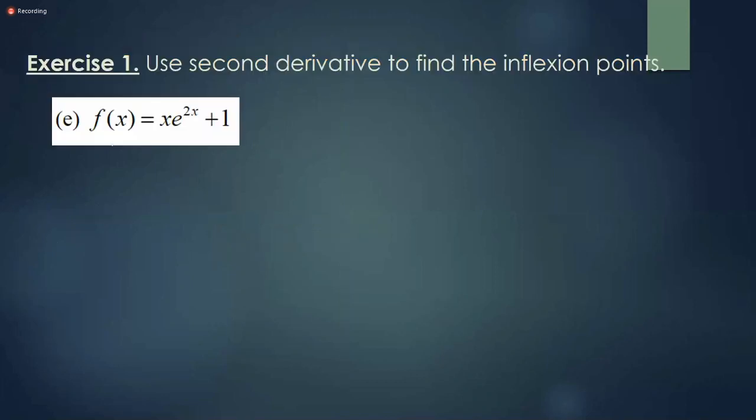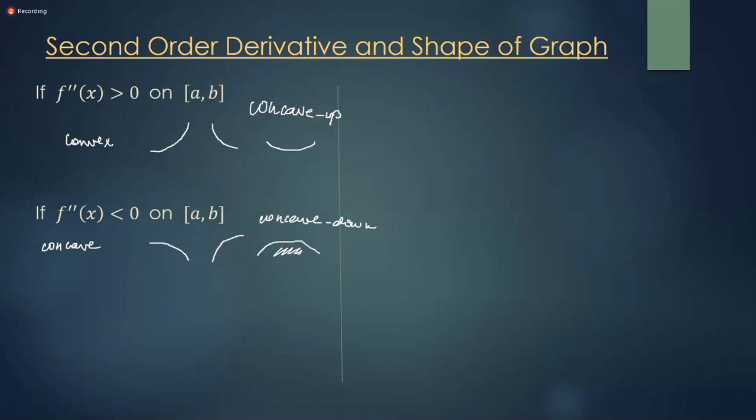And then, of course, we had one more thing that I guess I didn't put there. If we have a point, and on the left of this point the concavity is one way, say concave up, for instance, and then to the right, the concavity is the other way.